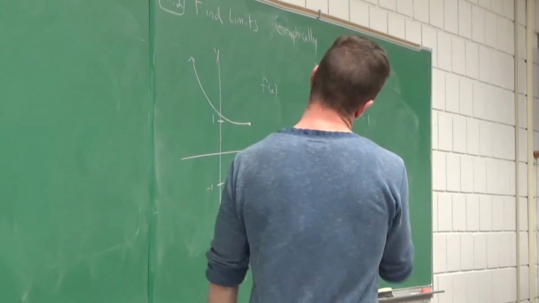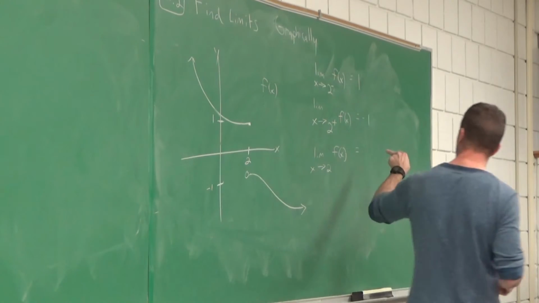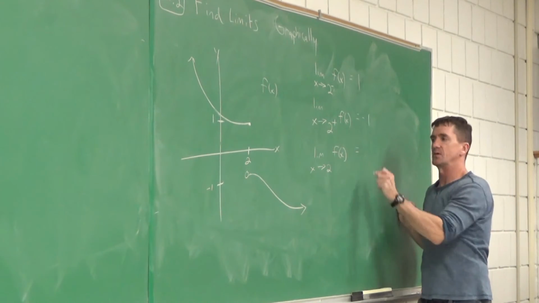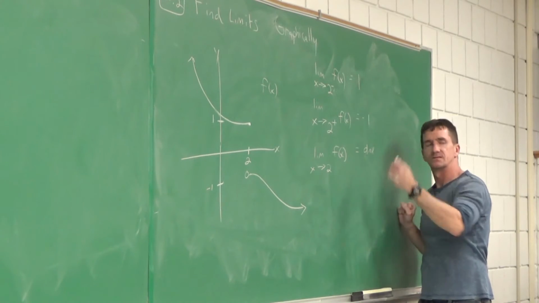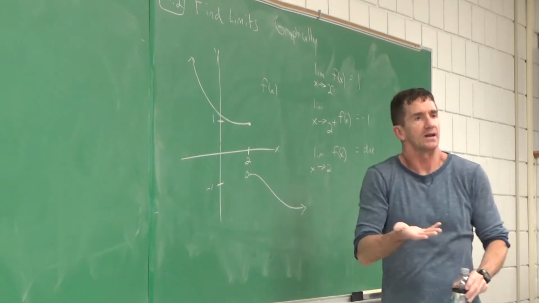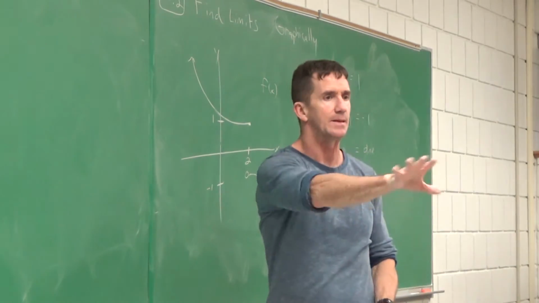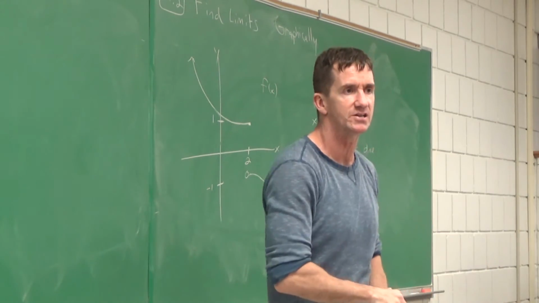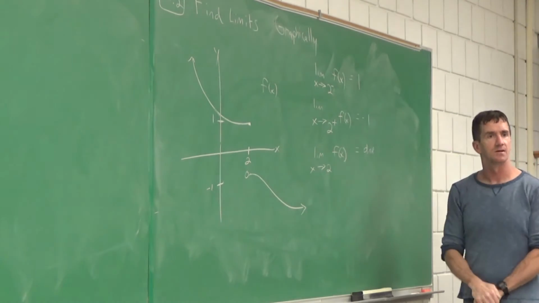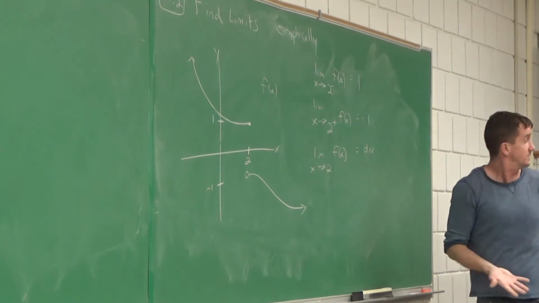That's the only way I can put down a number here, if these two numbers are the same. Well, they're not, so guess what I have to put? Yeah, it does not exist. You want to write DNE for it does not exist? You want to write non-existent? The two-sided limit does not exist. The only way it could exist is if these two numbers are the same. And that would be my answer.